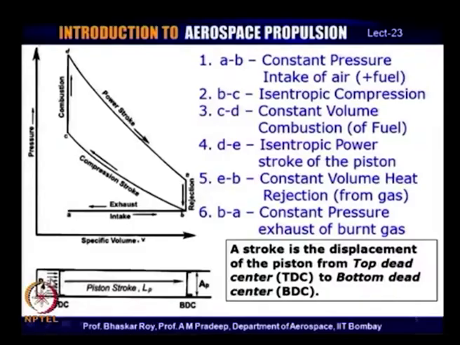Now, this compressed air is then subjected to burning of the fuel. This burning of the fuel in this small space creates even higher pressure and, of course, high temperature.